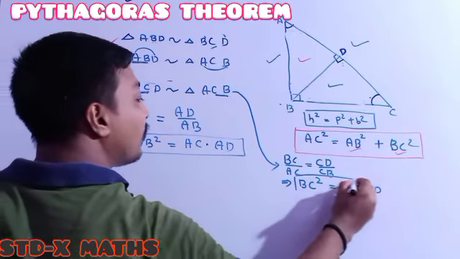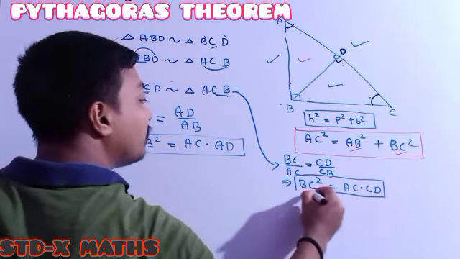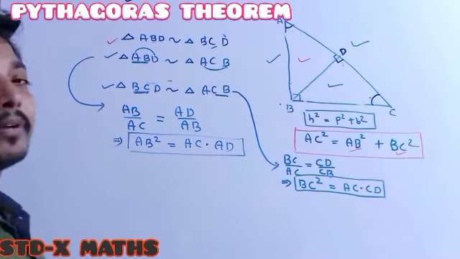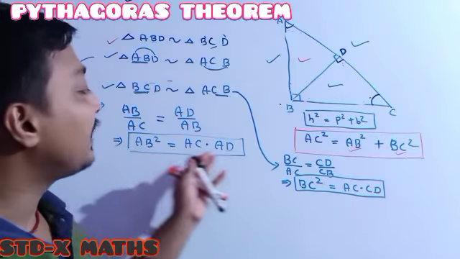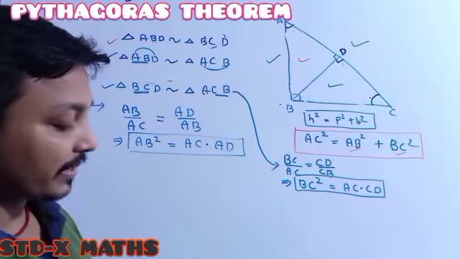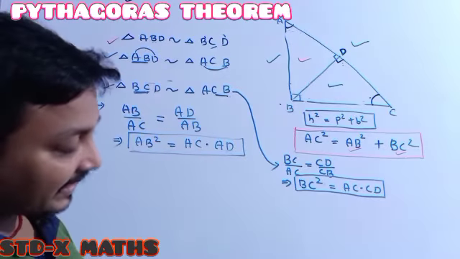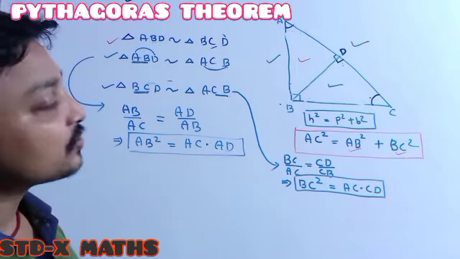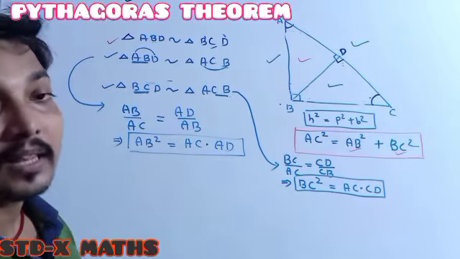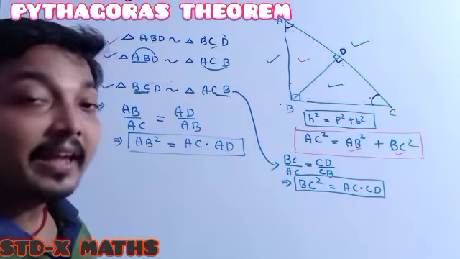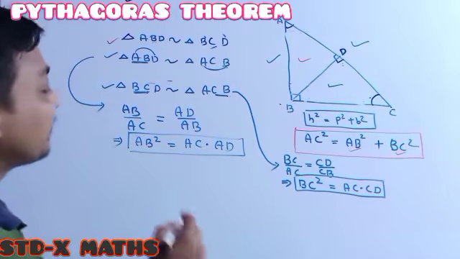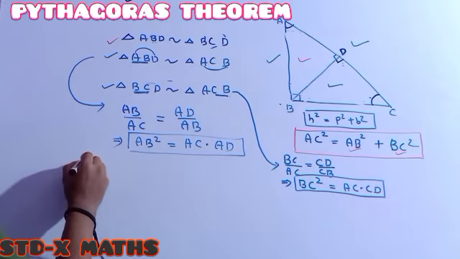So here we have already got the value of our BC square. Here we got AB square and here we got BC square. Finally we will see whether AB square and BC square together give us AC square or not. So now we start from our RHS.